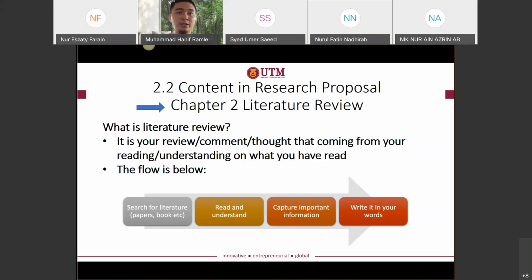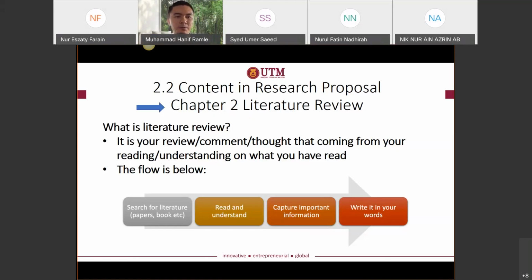Then you give some comment on the existing literature, based on your understanding: what is lacking, what are the differences between the two studies. The words and sentences should be from yourself. You cannot copy 100% from the literature and paste it in your proposal. It's not allowed.